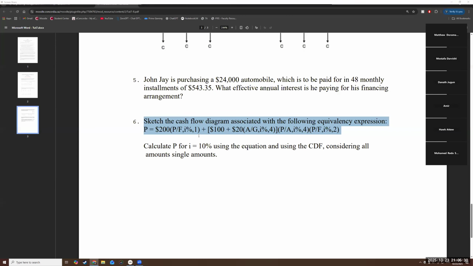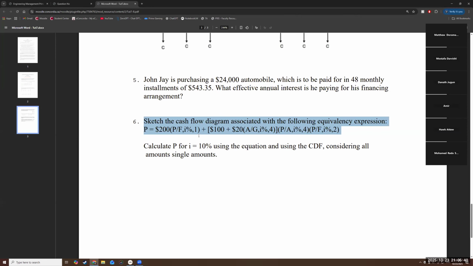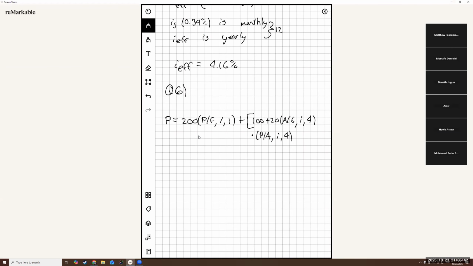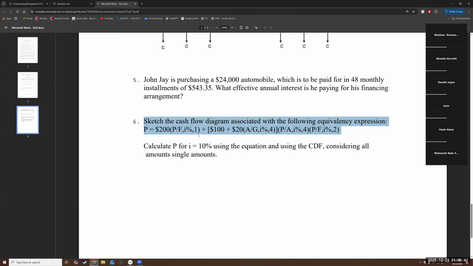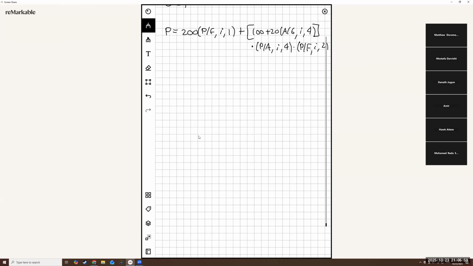That's multiplied by P/A, i, 4. The colon ends here, and then multiply once again by P/F, i, 2. So this one takes a little bit of practice, but once you've done enough cash flow conversions, you can see the trends and find what each formula looks like.